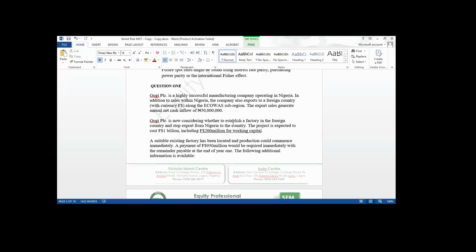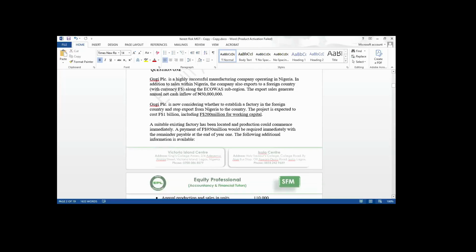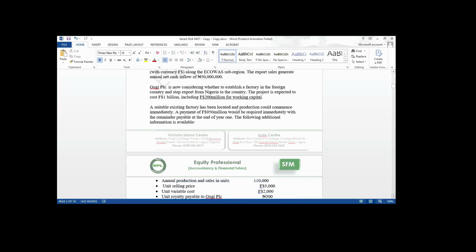Paragraph 3. A suitable existing factory has been located and production could commence immediately. A payment of $950 million will be required immediately.